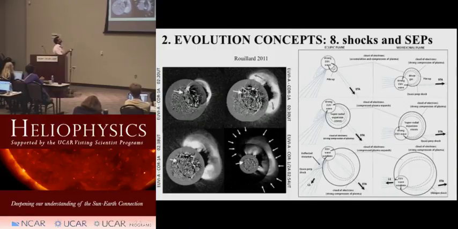Then you can start creating that dome. If you remember what I was showing earlier with that GCS model, you can do the GCS and create a dome over it, which is your shock dome. You get a handle on where this shock dome is and then where its effects would be on the solar surface.